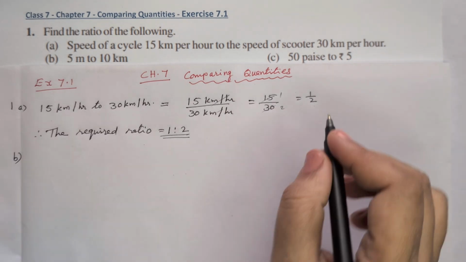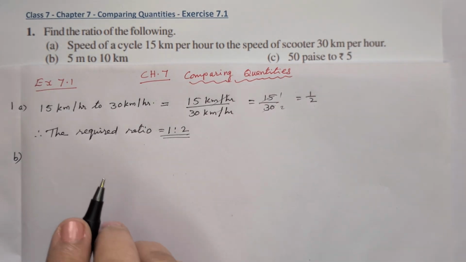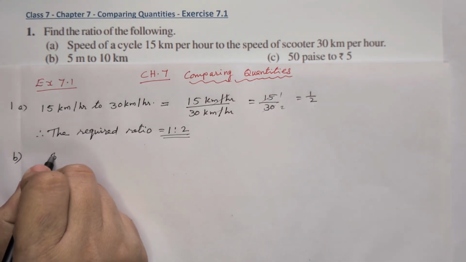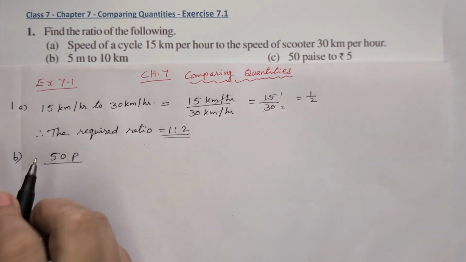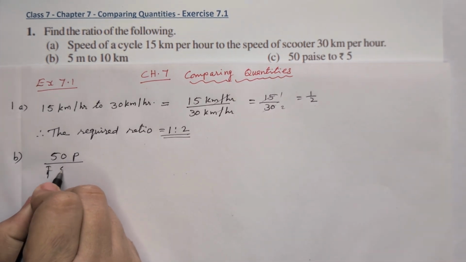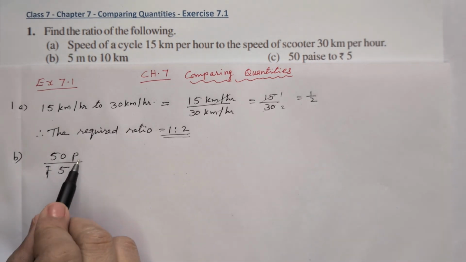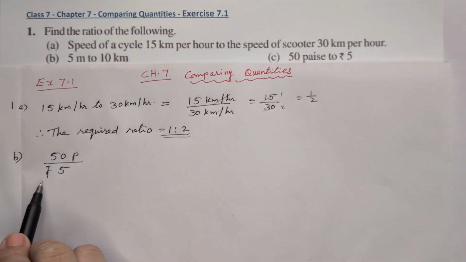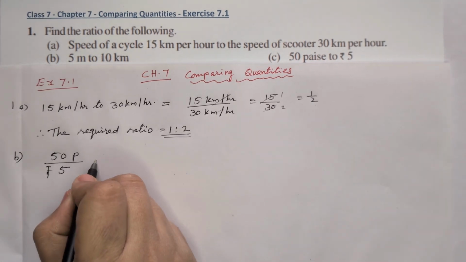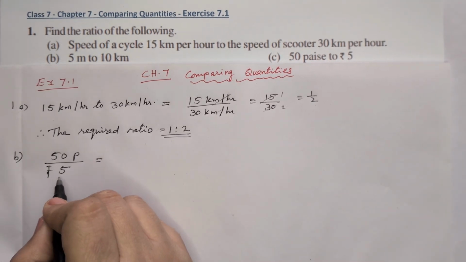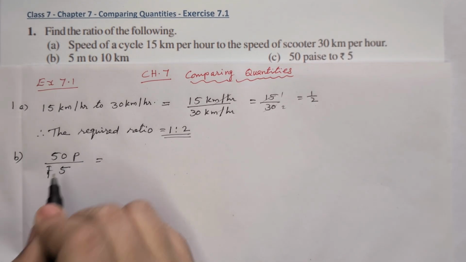Now second one. 50 paise to 5 rupee. So 50 paise is in the numerator and 5 rupee in the denominator. Now we can see units are different. One is in paise, the other one is in rupee. So we have to make the same unit. We can convert rupee to paise or paise to rupee.